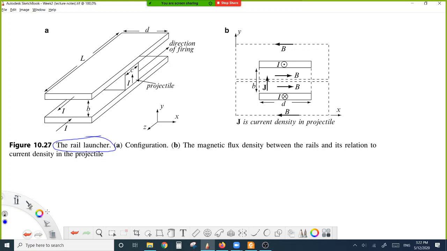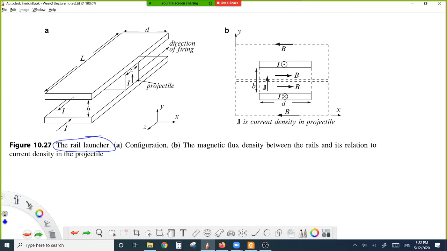Well, it consists of two parallel rails. This is the first rail and this is the second rail.